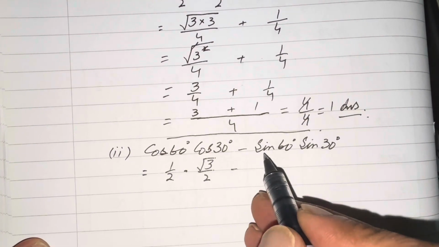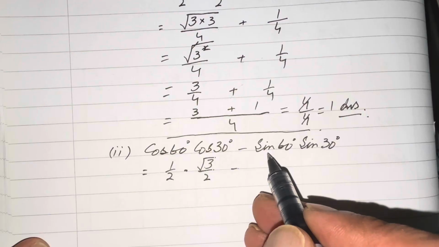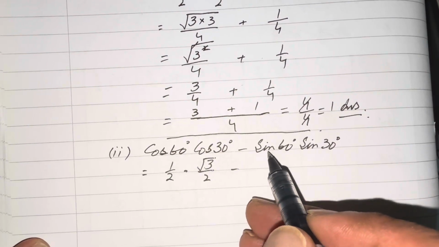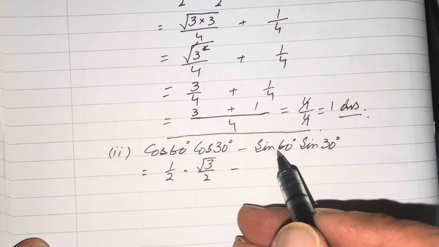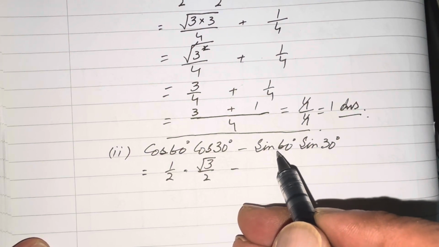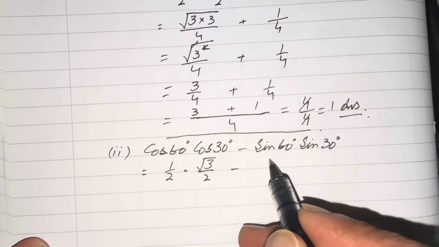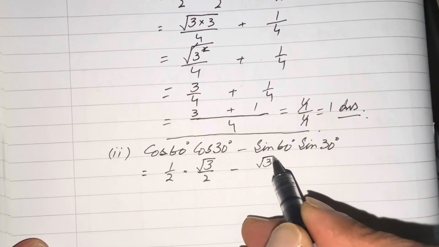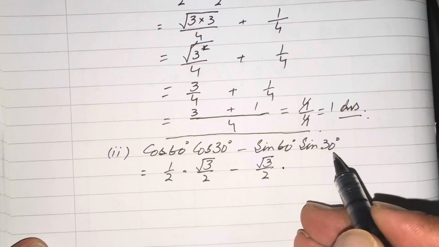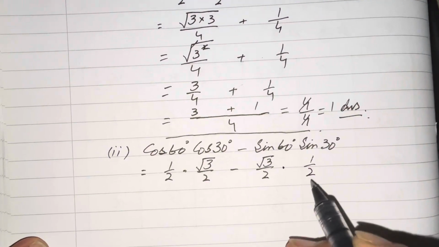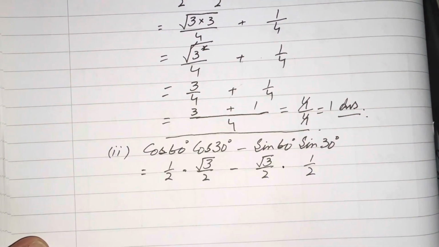Then minus sine 60, the value of the trigonometric ratio of sine 60 will be equal to under root 3 over 2 into sine 30, which is equal to 1 over 2.